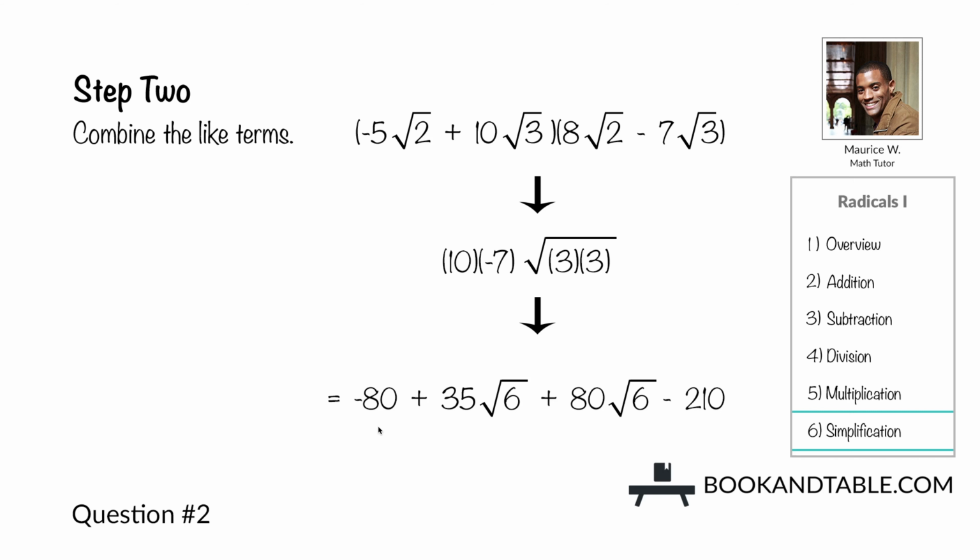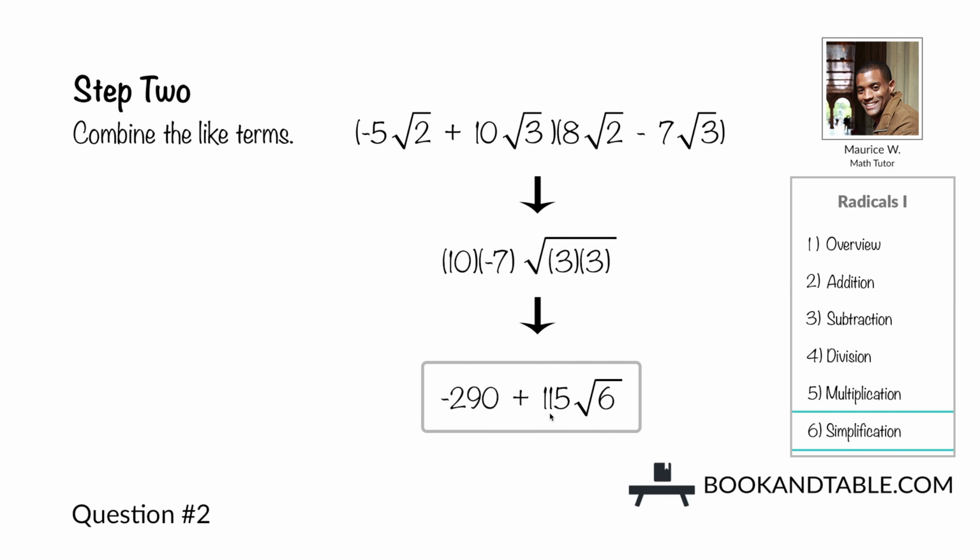When you do so, negative 80 minus 210 will give you negative 290. And positive 35 radical 6 plus 80 radical 6 will give you positive 115 radical 6. So the final answer is negative 290 plus 115 radical 6.